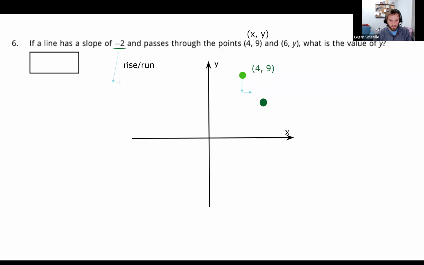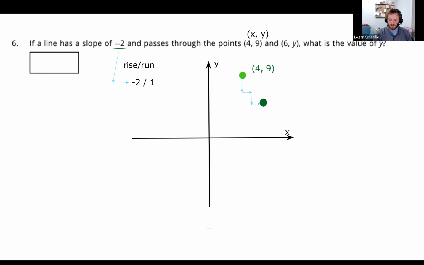So in this case, our rise is actually -2 and our run is 1. If you have just a straight up number, the run is 1. So we went down 2 over 1, and then I picture doing it again, down 2 over 1.